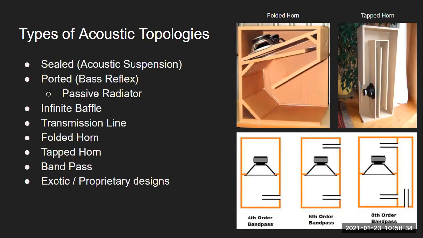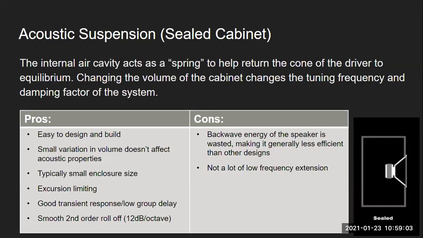So that means that you're going to get this very efficient bass frequency, but maybe playing from 40 hertz to 60 hertz or something like that, or 40 to 80, but not a very good wideband speaker. So that requires more drivers or more cabinets to be used to cover the full audible spectrum. So we'll go into some detail here about sealed and ported and a few other ones. So go to the next slide.